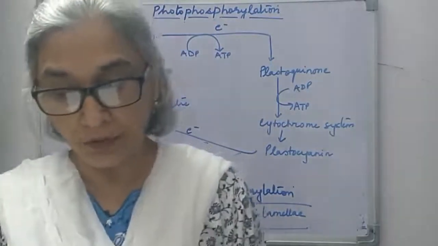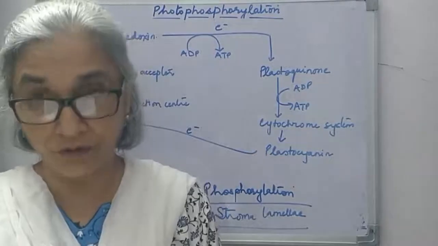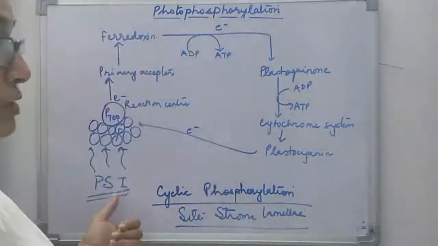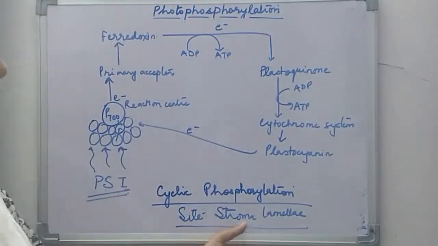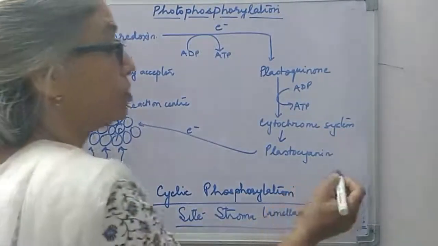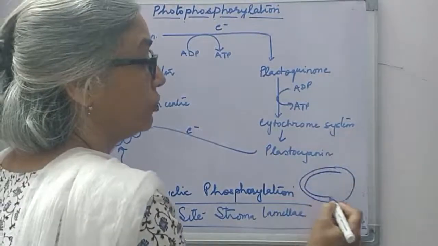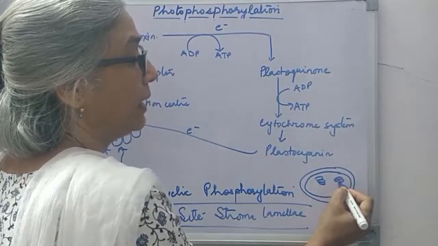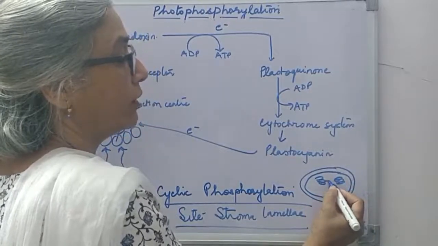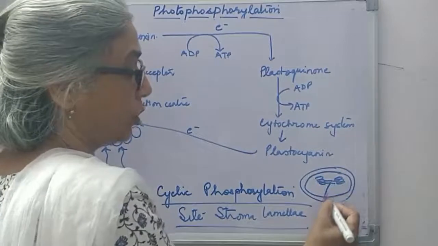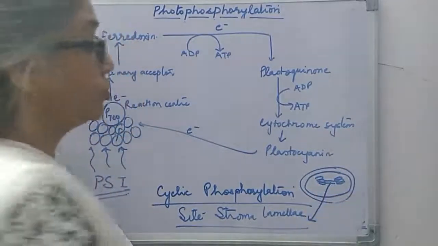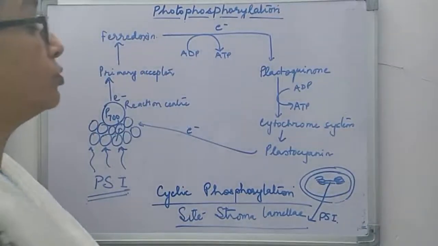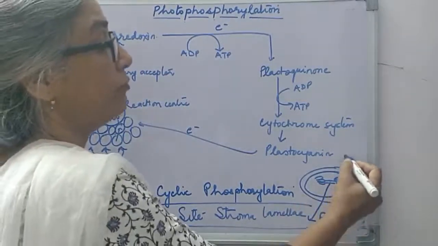So the second type of photophosphorylation is cyclic photophosphorylation, which is associated with only photosystem 1, and the site is the stroma lamellae. To remind you, we had studied the structure of the chloroplast, where thylakoids pile up like a stack of coins and form the grana, and the grana are joined by the stroma lamellae. The stroma lamellae contain photosystem 1 and lack photosystem 2, whereas the thylakoids have both.